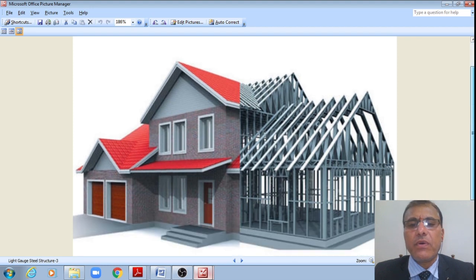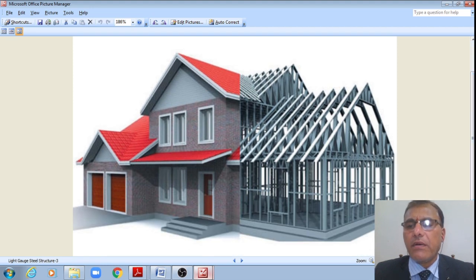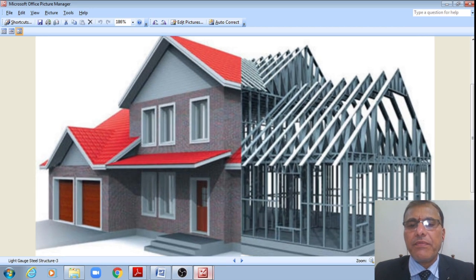Right, and for now we are able to see half the building purely unfinished without the wall cladding and the paneling work. Right, the remaining half is with purely the light gauge skeleton consisting of the columns and beams, right, purlins, etc., and truss, etc.